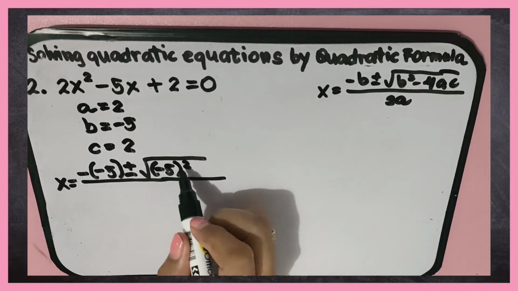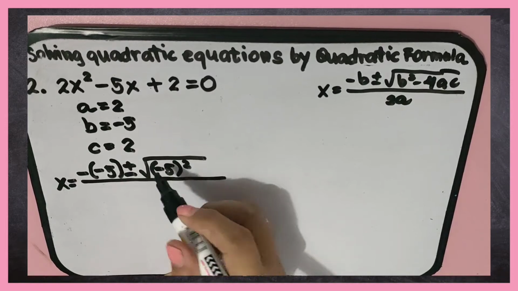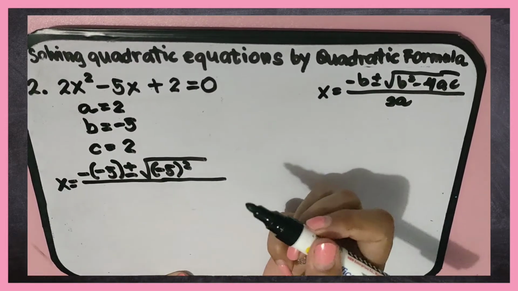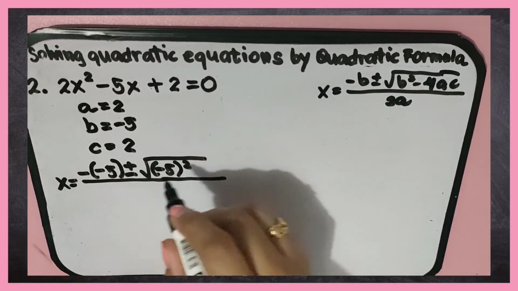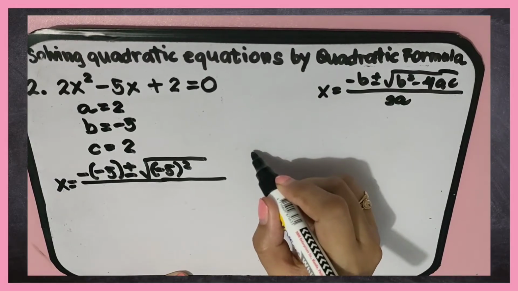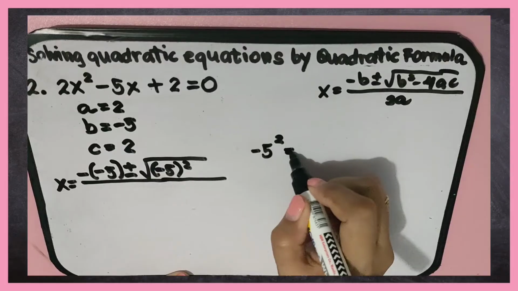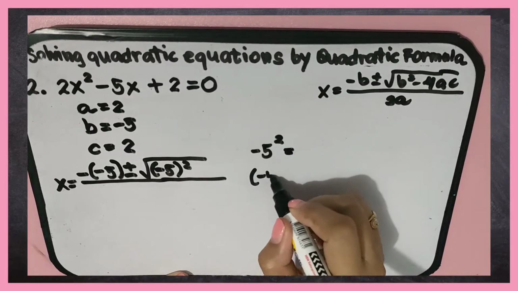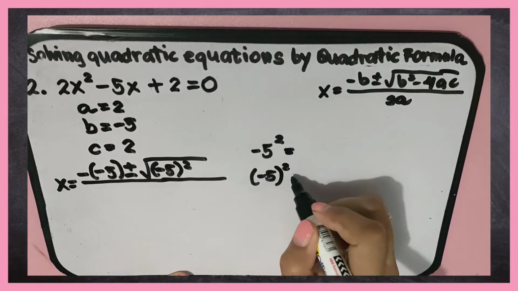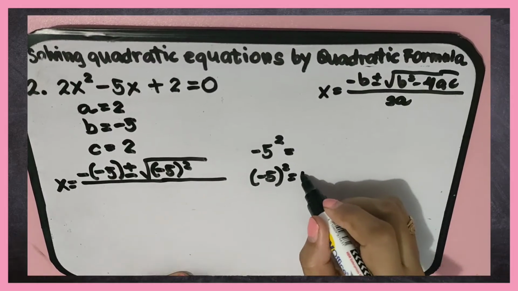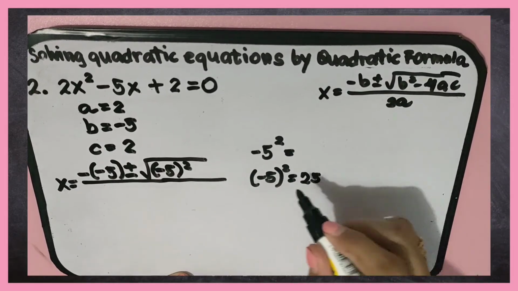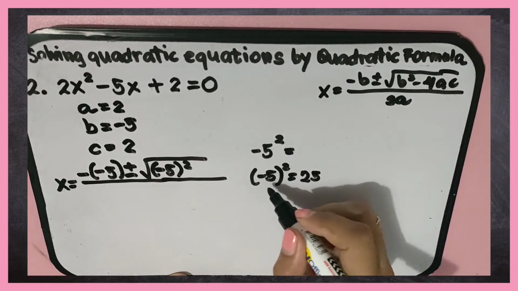Kailangan may parenthesis pa rin ito bago mo lagyan ng exponent because as you can see, magkaiba kasi sila ng magiging sagot. Yung negative 5 squared at saka yung negative 5 squared na may parenthesis, ito ay positive 25 because negative 5 times negative 5.